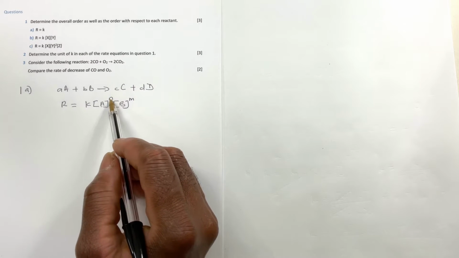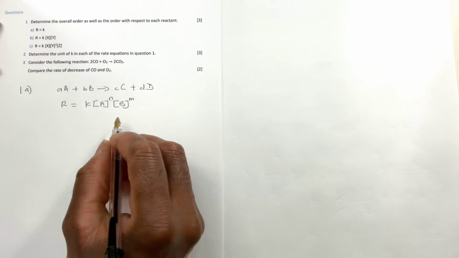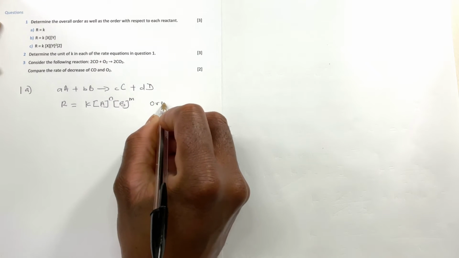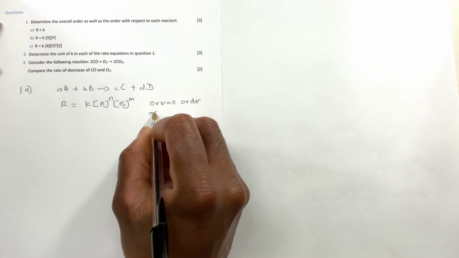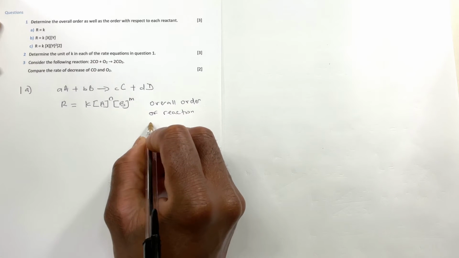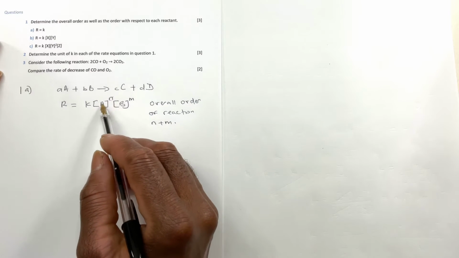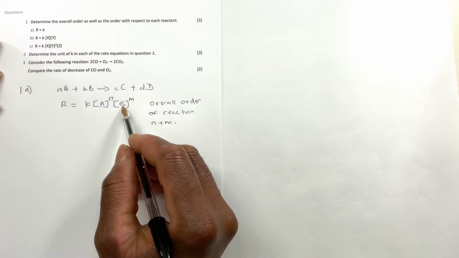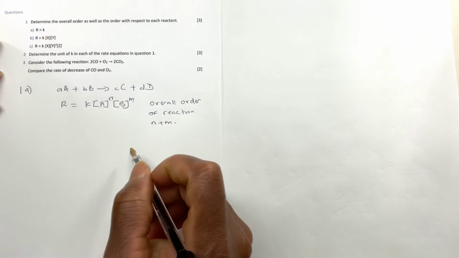This is the order of reaction here. n and m are the orders of reaction for A and B. But the overall order of reaction is going to be n plus m. This is n order with respect to A, and this is m order with respect to B. And the overall order of reaction is n plus m.